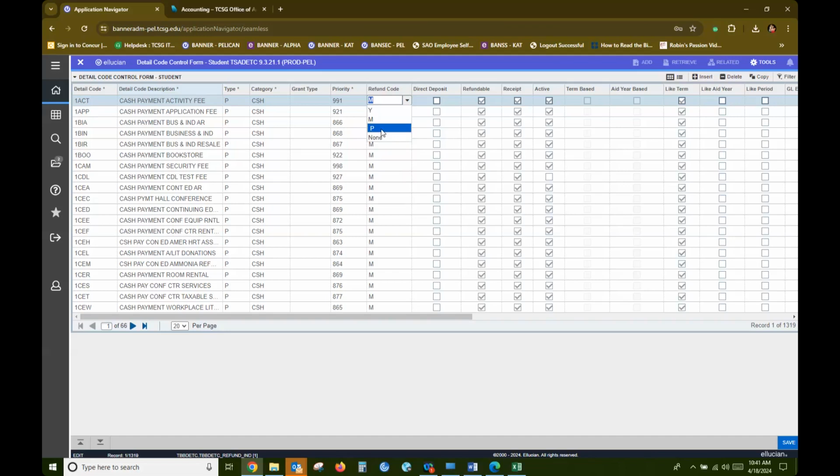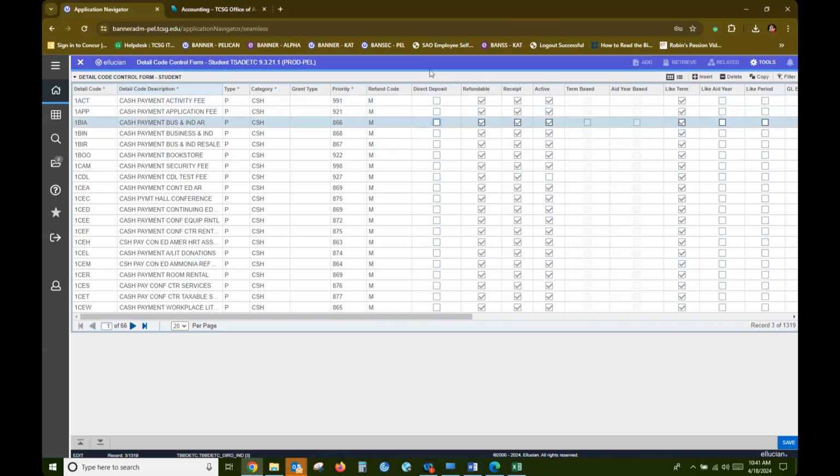Most of the time when we've seen that, we found that people put a P in the refund code, and most of the time it's by accident. They didn't even realize that they did it. So just make sure it's either an M or none. It can also be Y, but just never P.